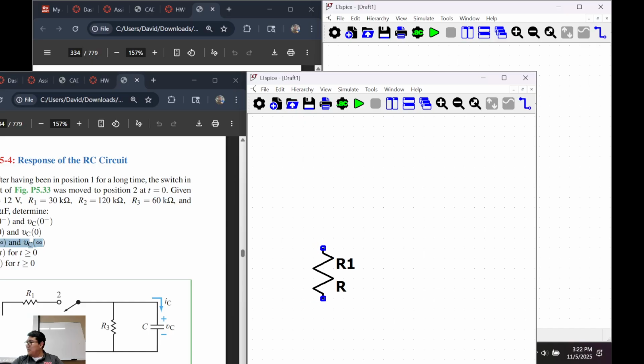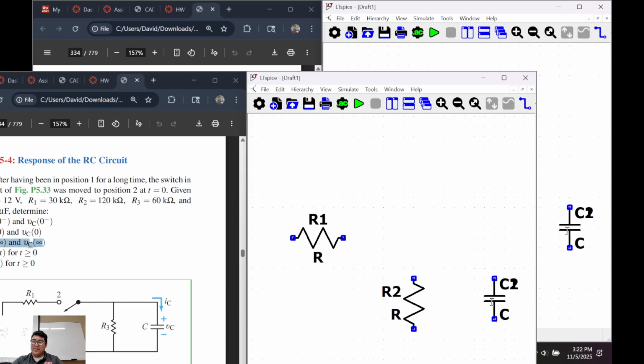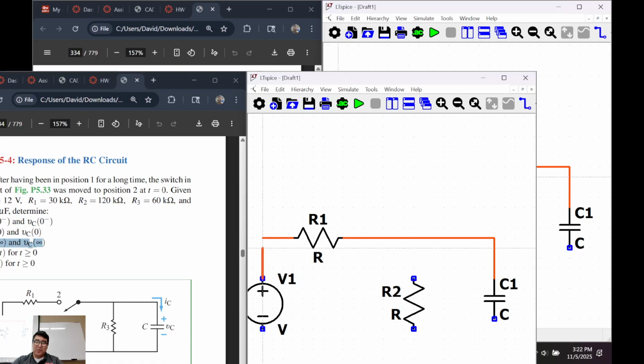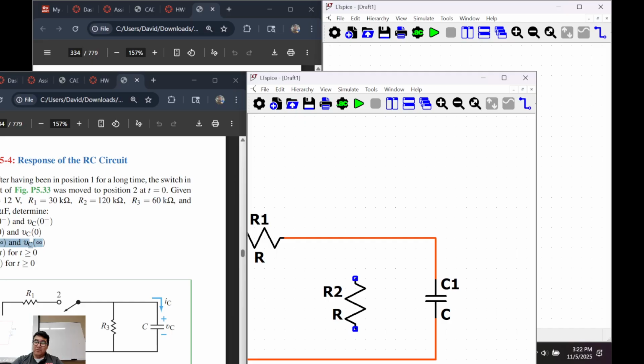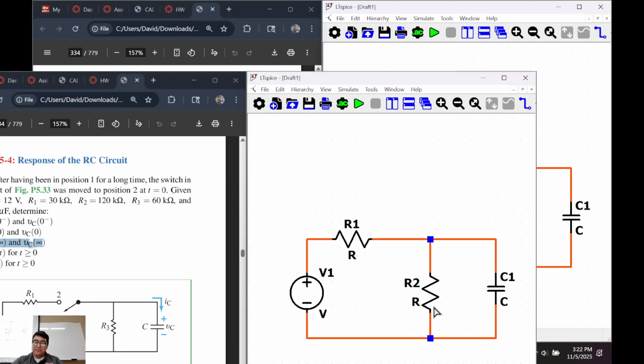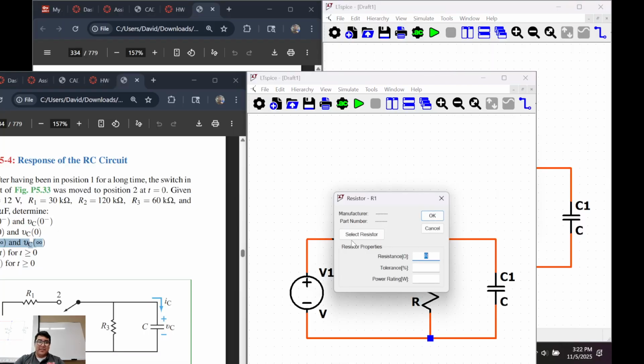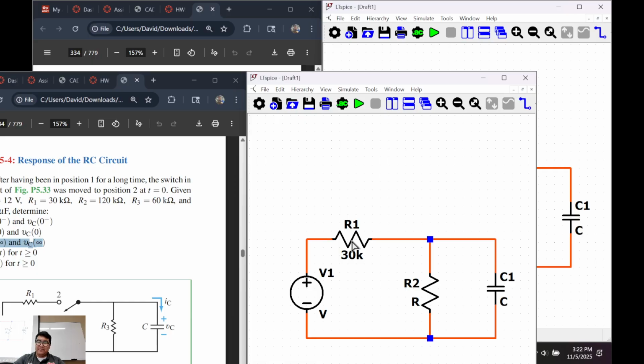So I'm going to do the following. I'm going to do this resistor right here, this resistor right here, this capacitor right here. This is what you guys are going to try and do in your homeworks. Voltage. Boom, boom, boom. All good? This right here was 30K.